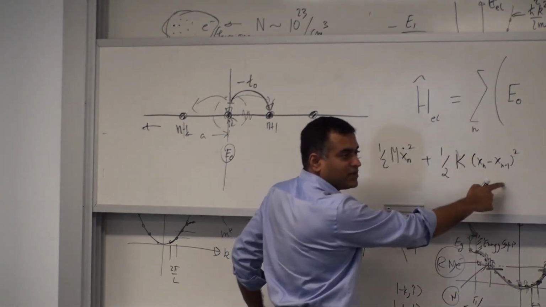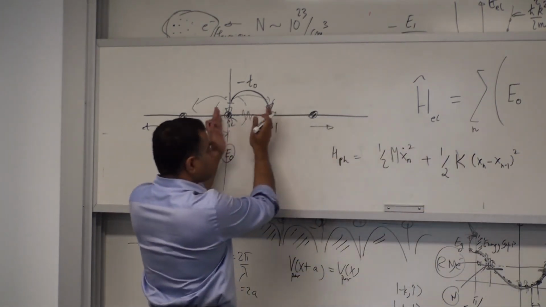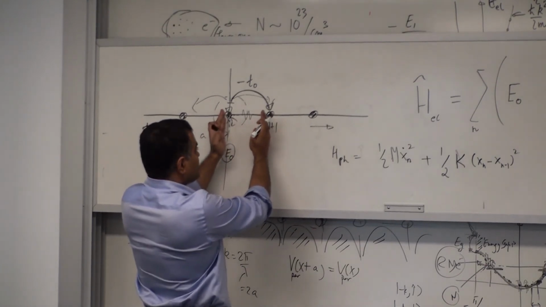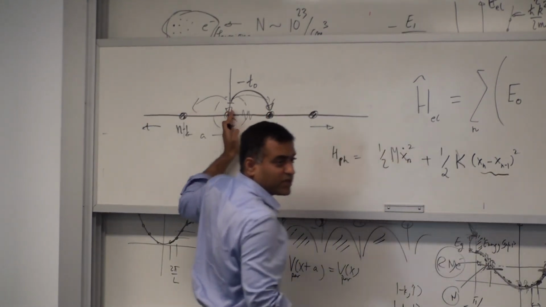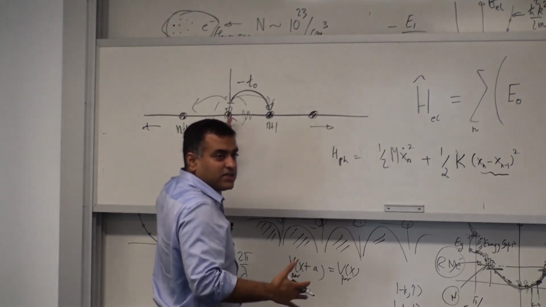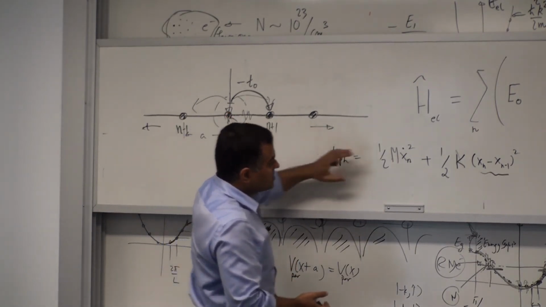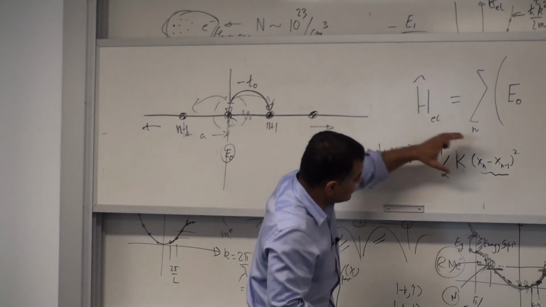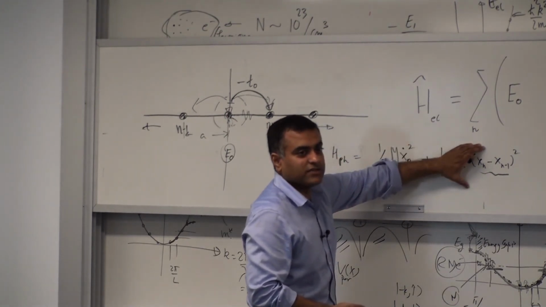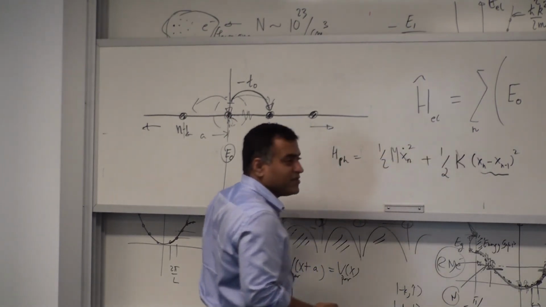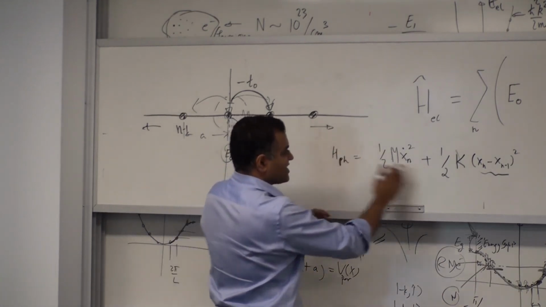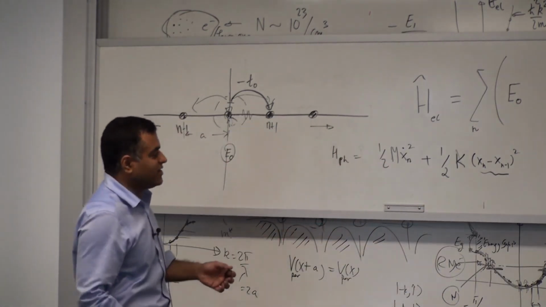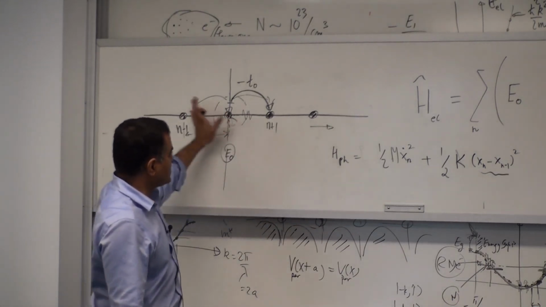Half k x squared is the energy stored in this spring, if the spring is stretched out or compressed by x. So that's the kinetic energy of the atom, and the potential energy of the spring. So this is the phonon part of it, a classical picture of the energy of the phonons, of the heat.